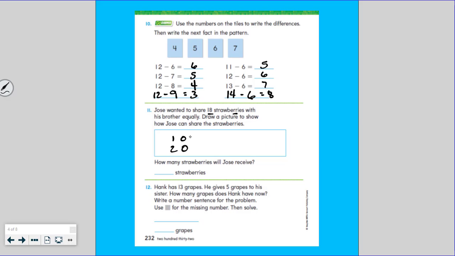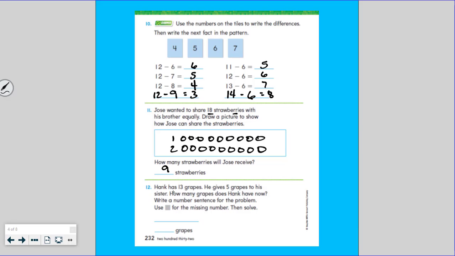So 1, 2, 3, 4, 5, 6, 7, 8, 9, 10, 11, 12, 13, 14, 15, 16, 17, 18. So we have two rows, and if we count, there are 1, 2, 3, 4, 5, 6, 7, 8, 9. 9 strawberries in each row. So how many strawberries will Jose receive? He's going to get 9, and his brother's also going to get 9.